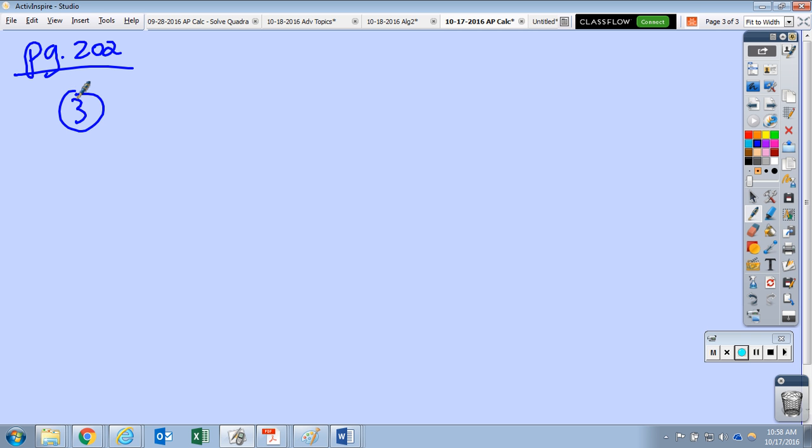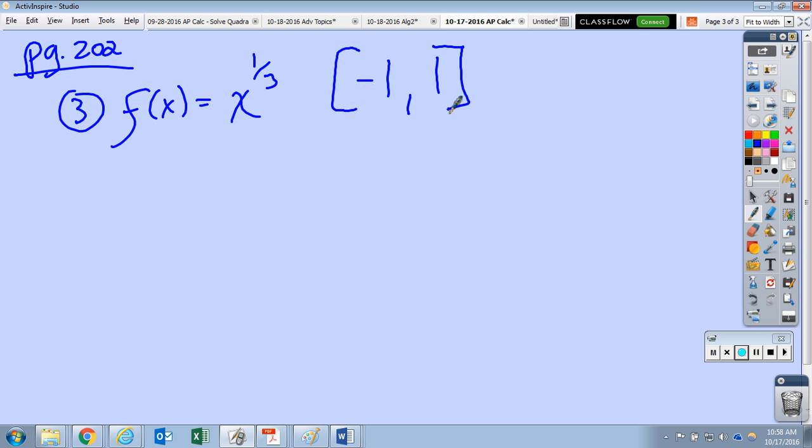So number 3 says that f of x is equal to x to the 1/3 power on the interval -1 to 1. Of course they have to specify an interval, because what do we want the average rate of change to be? So they have to give you an interval.